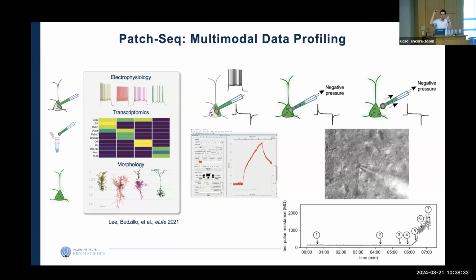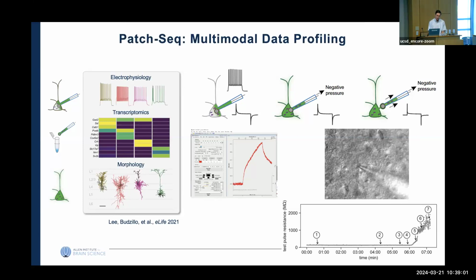If you're in a neuroscience program, you probably did this, right? And you can measure the function of the cell. You can also stain the cell and reconstruct its morphology, and even in a single cell now, we can take out its RNA and profile it. But part of the problem is connecting these modalities. If these are not recorded in the same cell, then it's really difficult to associate these patterns.